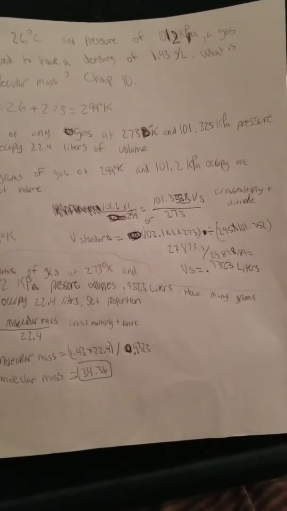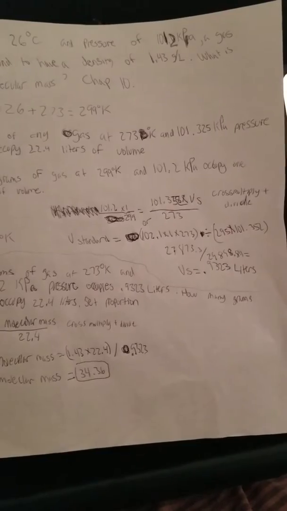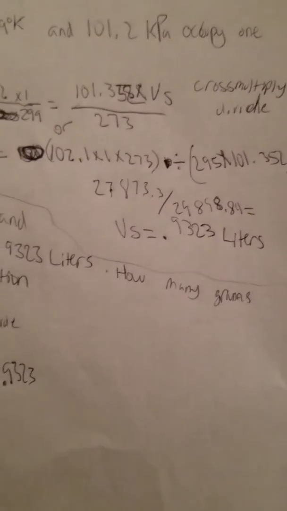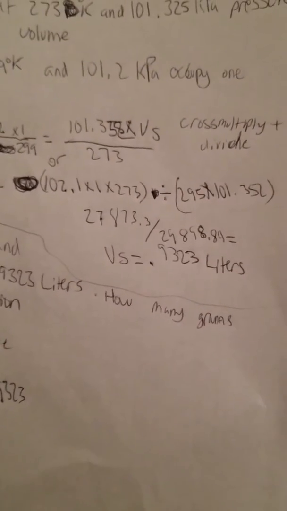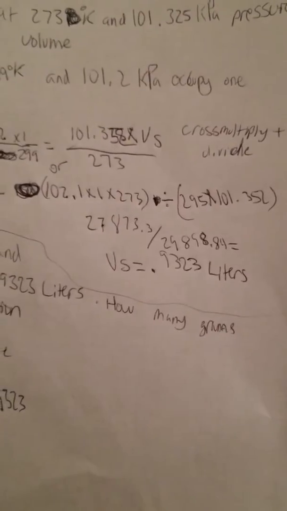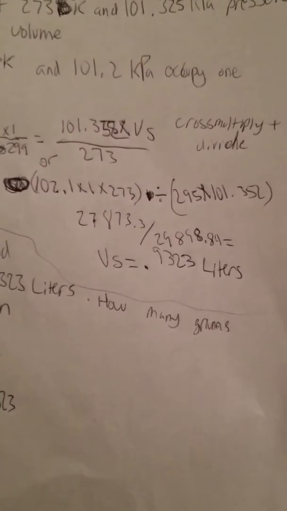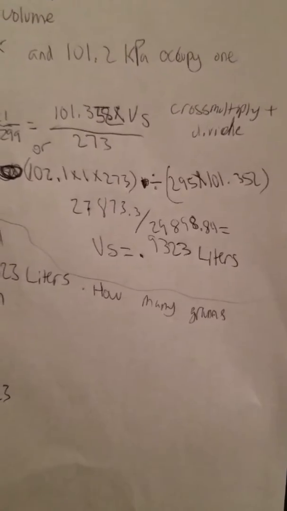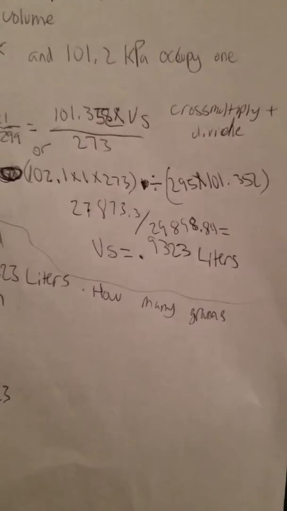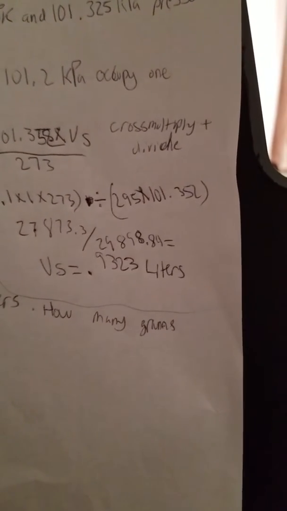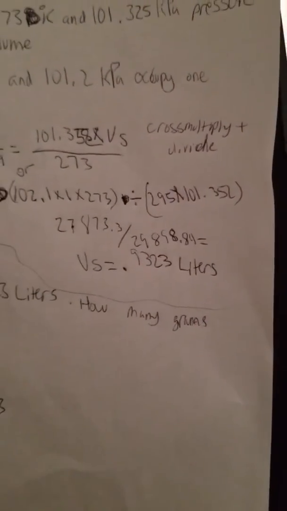And then under 273. Another way to write this so it's a little bit easier to understand would be right here. This is the first part of the problem that I'm solving for. So it would be 101.2 times 1 times 273, and then you would divide that by 299 times 101.325.